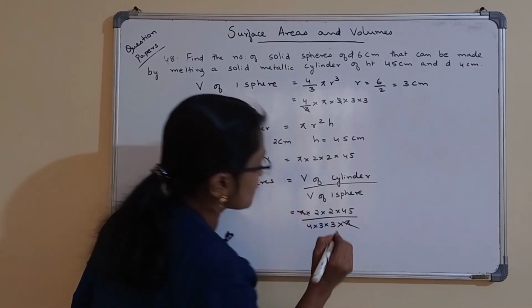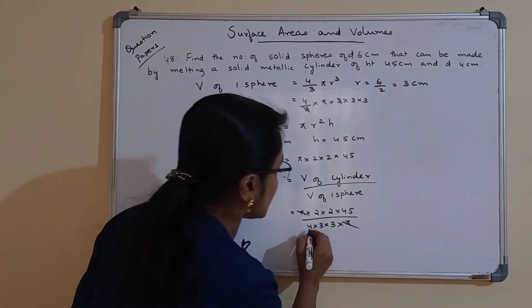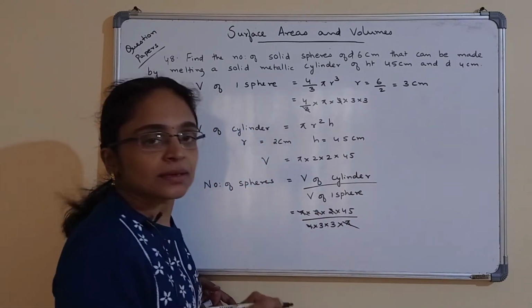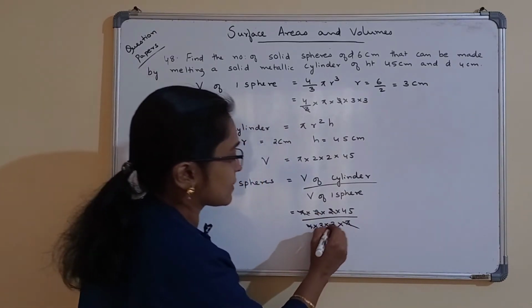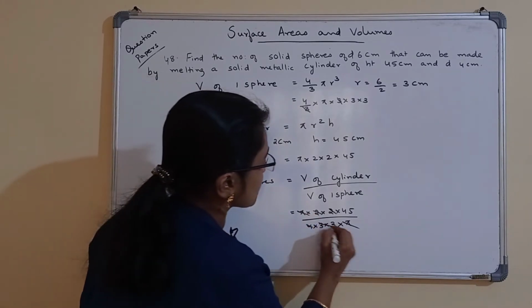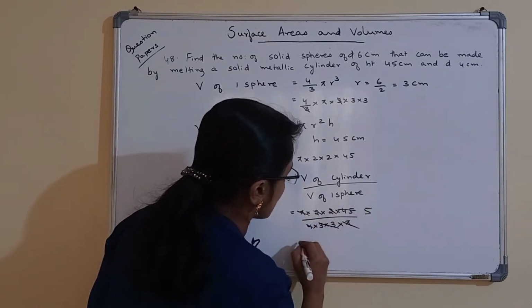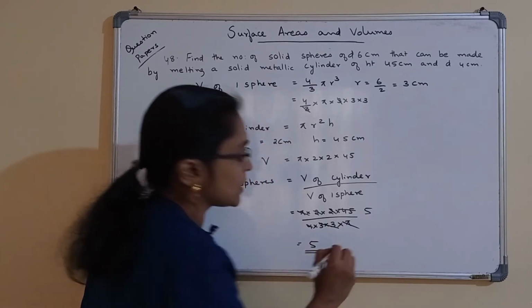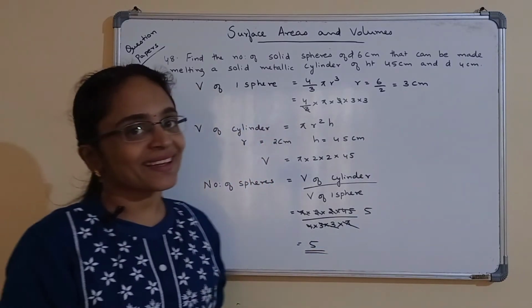So pi and pi will get cancelled, 2 and 2 will get cancelled, and this is 9. 45 by 9 is 5. So the number of spheres that can be made is 5. Okay, understood?